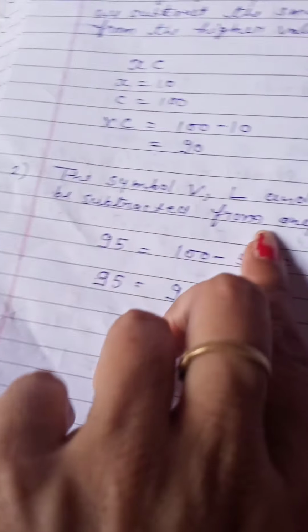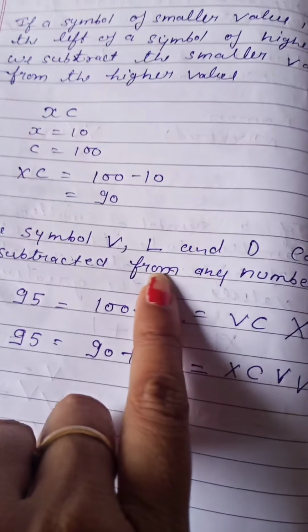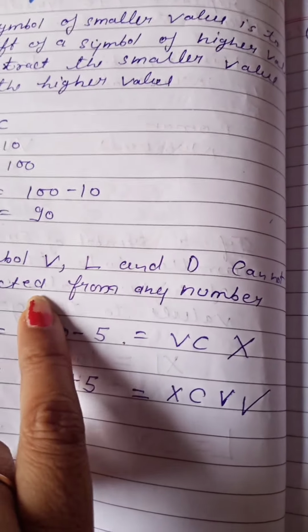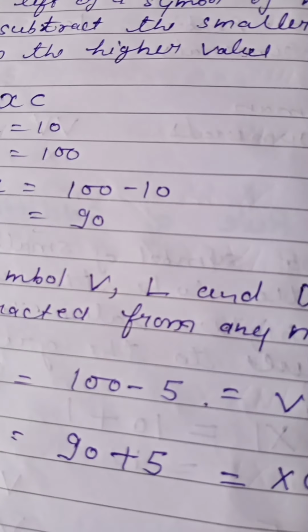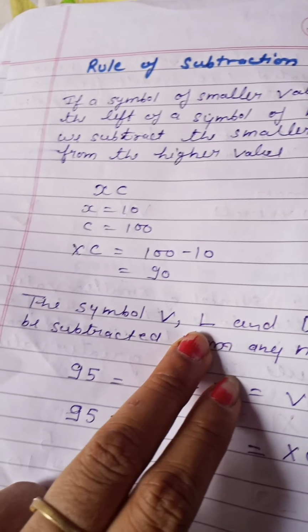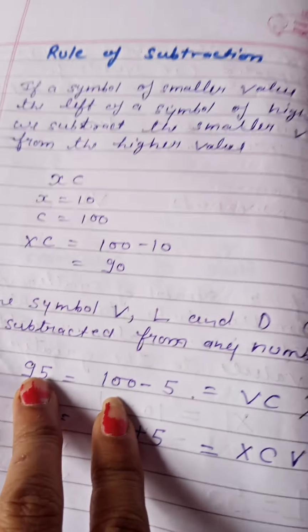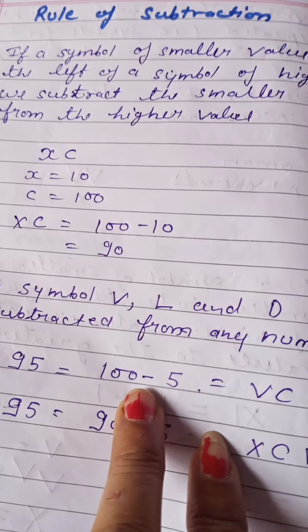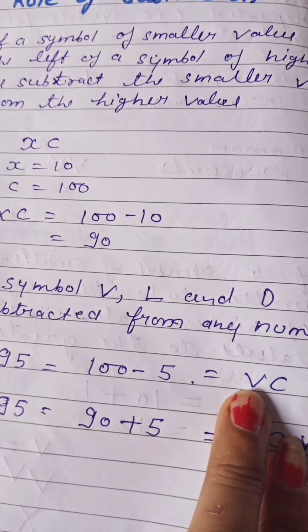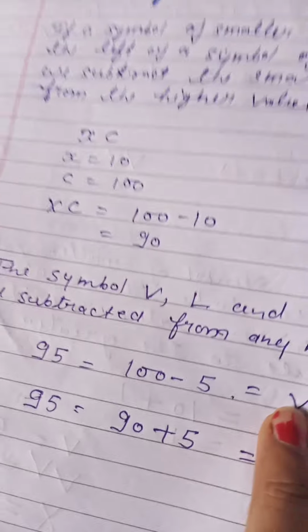The symbols V and L cannot be subtracted from any number. Listen again. Symbols V and L cannot be subtracted from any number. 95 as 100 minus 5 is wrong because V is not subtracted from any number.